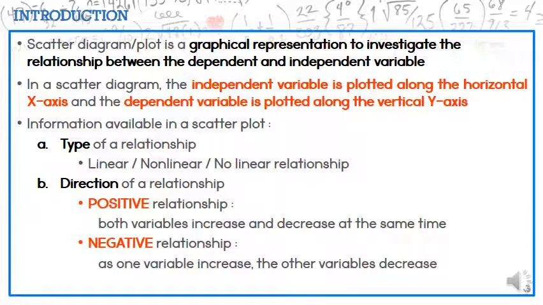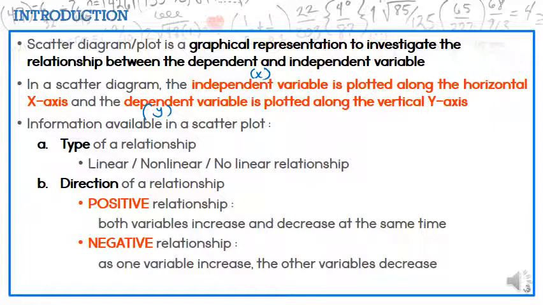In a scatter diagram, the independent variable is plotted along the horizontal x-axis. Independent variable is your x, and the dependent variable is plotted along the vertical y-axis. Dependent variable is y. So, independent variable x, plot dekat x. Dependent variable y, plot dekat y.